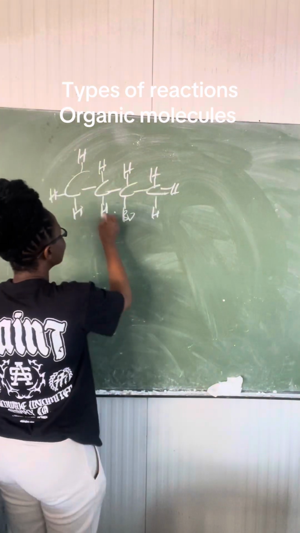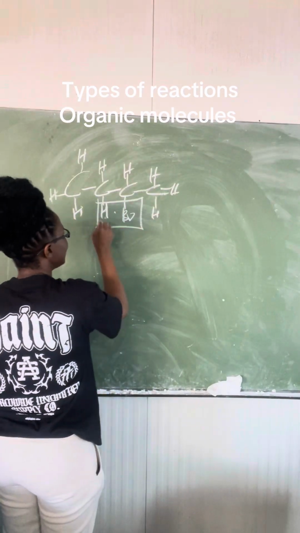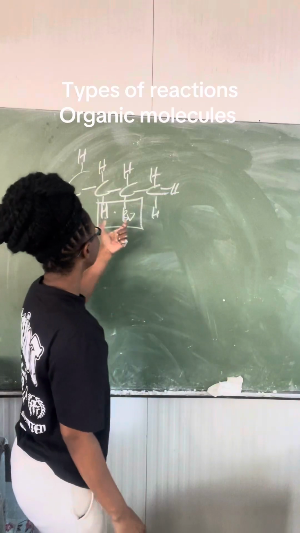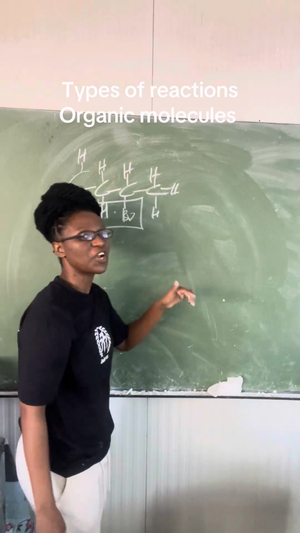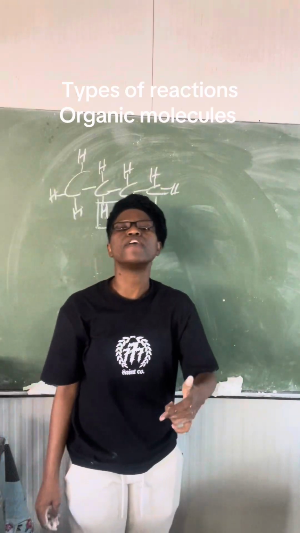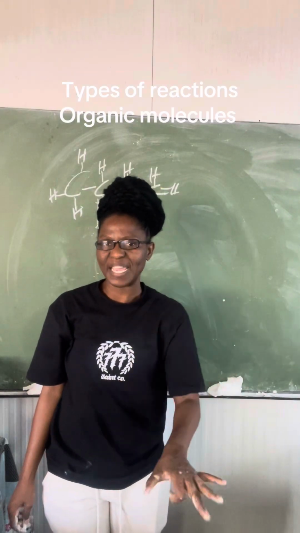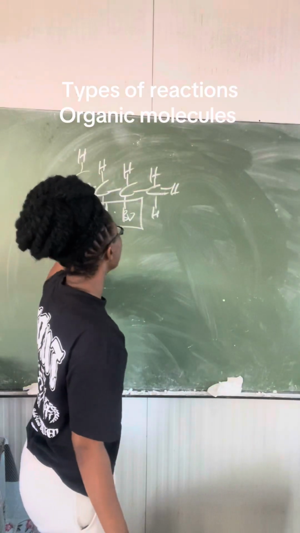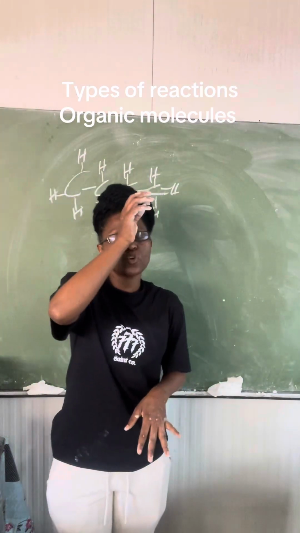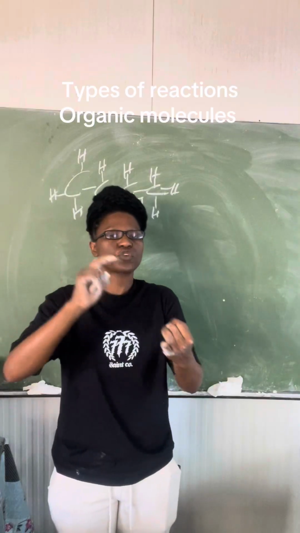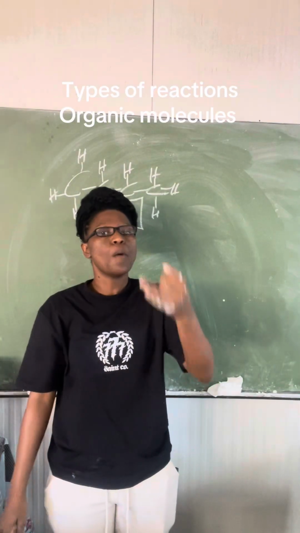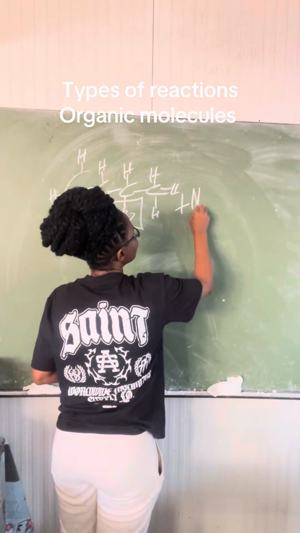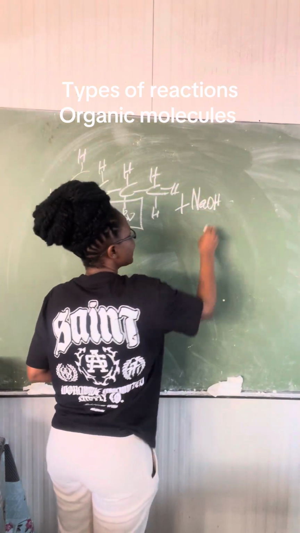We can all see that the only thing we can eliminate here is hydrogen bromide. For this type of reaction to occur, we need a concentrated strong base. The concentrated strong base must react with the haloalkane. Examples of concentrated strong bases are sodium hydroxide, lithium hydroxide, and potassium hydroxide. So we are adding the concentrated strong base. That is what is happening.